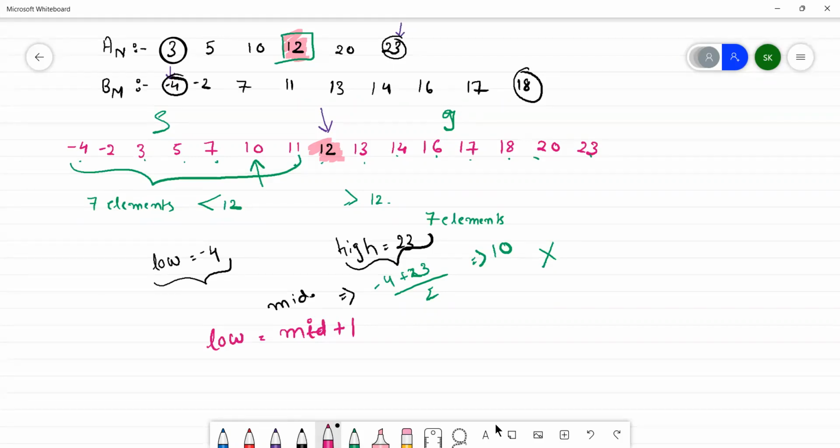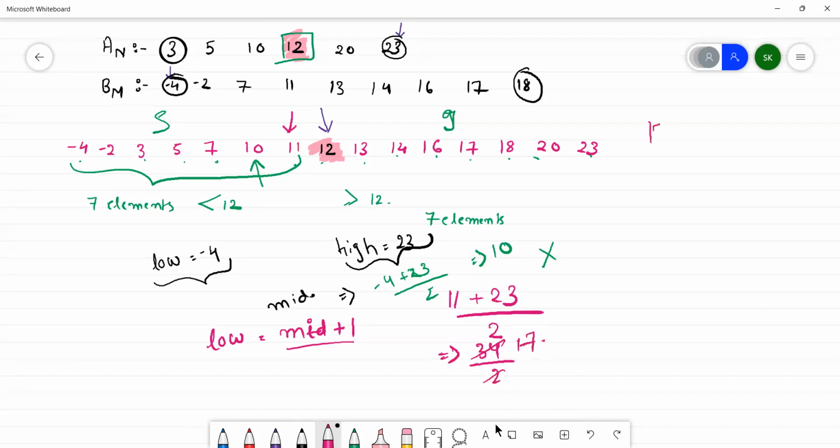I hope you all got it. Now, if I moved my low to mid plus 1, my mid was at 10. Now it came to 11. Yes or no? Okay. So I got my low as 11. My high was still 23. So I will get here 34 divided by 2, that is 17.